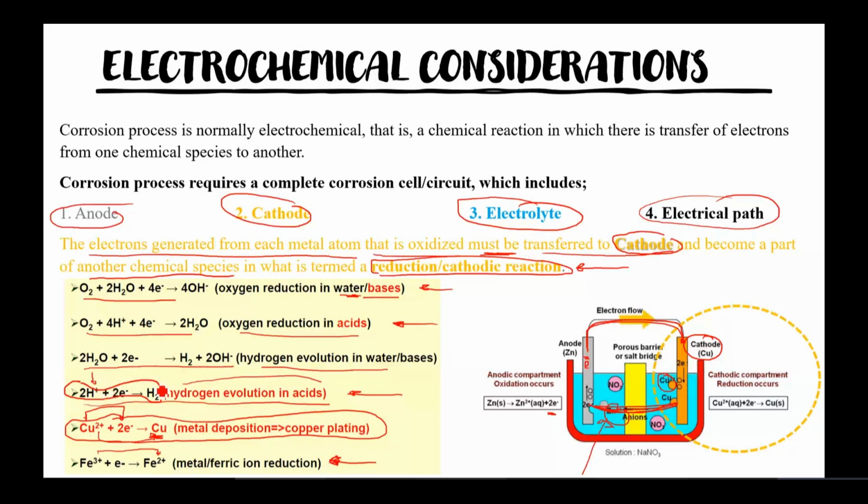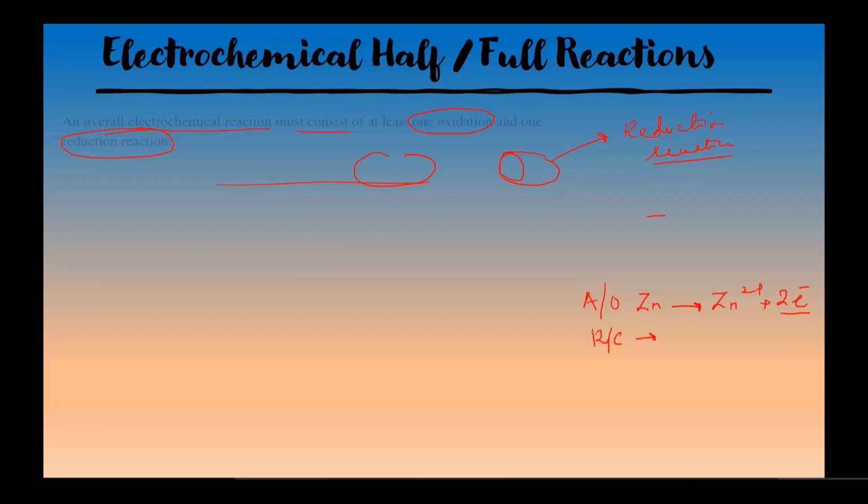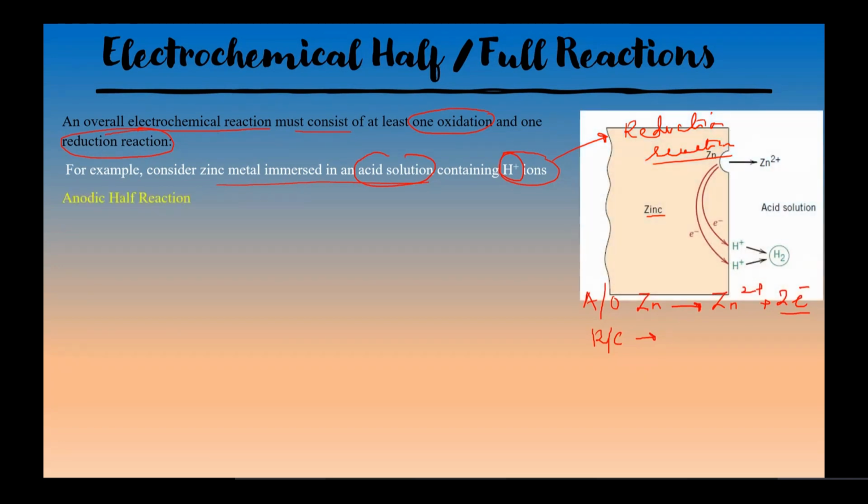The presence of H+ ions and acidic environment would lead to this reduction reaction. So essentially, at the anode you have zinc going to Zn2+, and at the cathode you have evolution of hydrogen gas from the H+ ions. These two half reactions are taking place. Now if you notice, in both reactions there are two electrons involved.